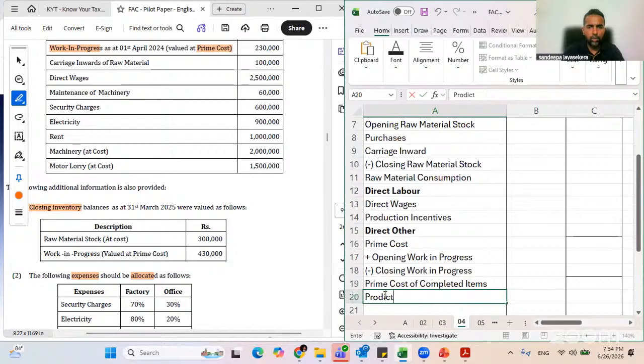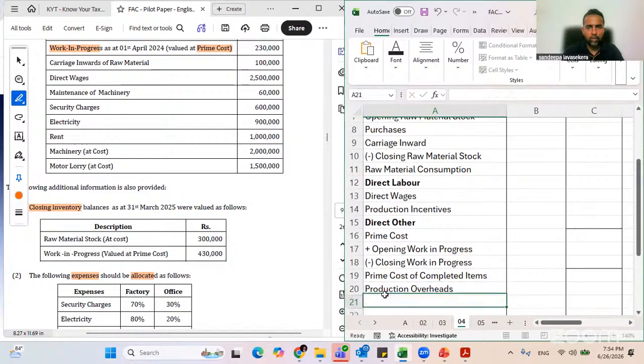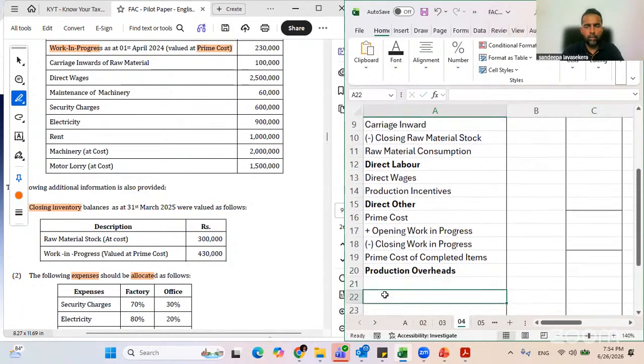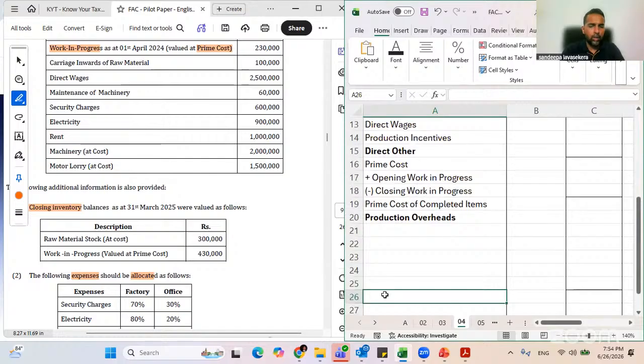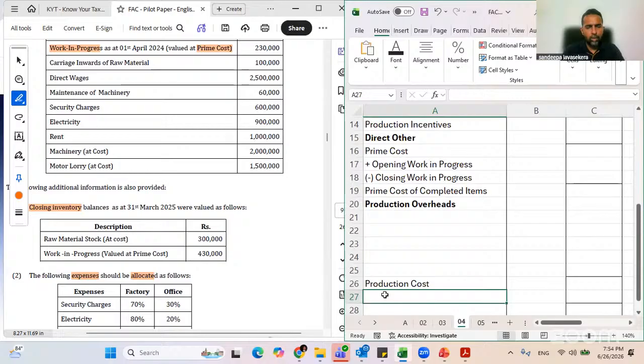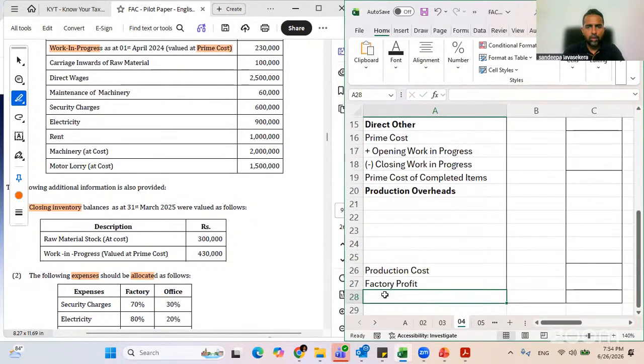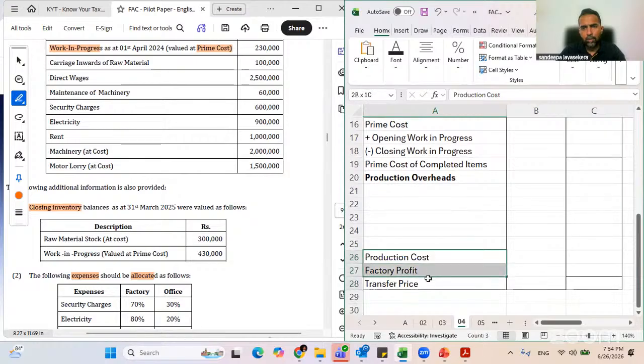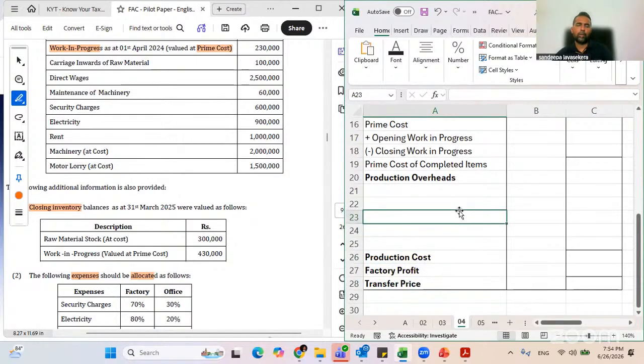Then you have the production overheads. You will arrive at the production cost. Then the factory profit. Finally, you arrive at the transfer price. This is the format.